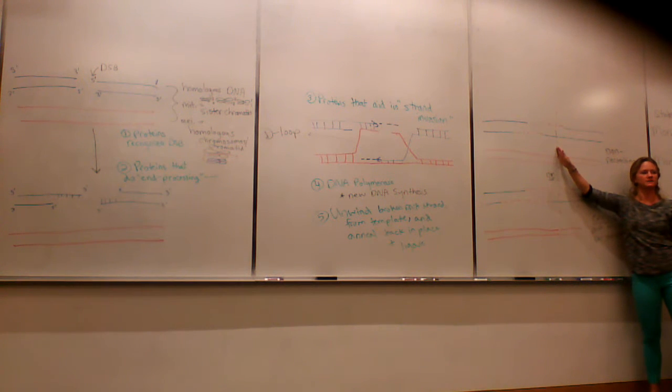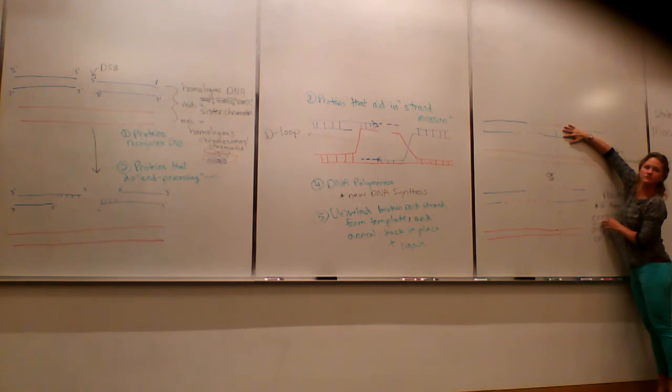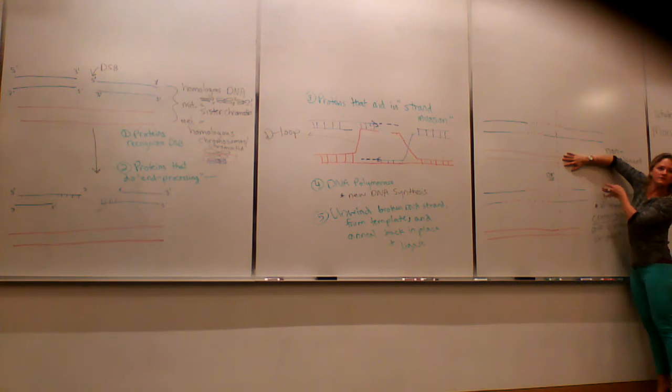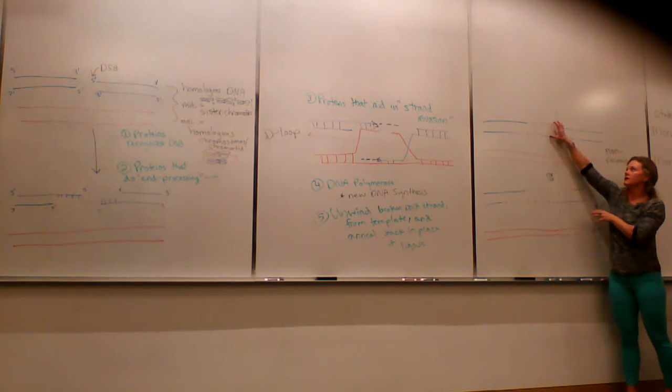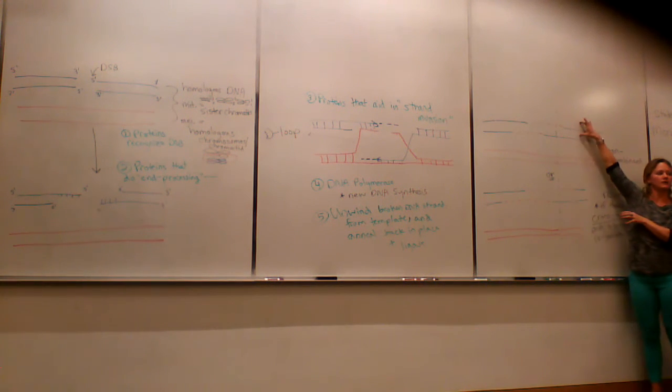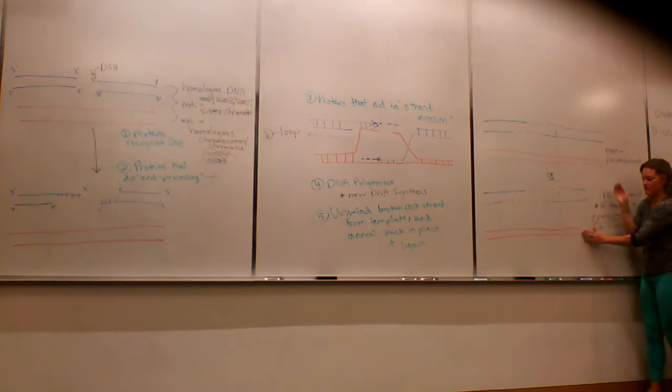Or however you want to think about it, this whole chunk gets swapped with this whole chunk. Either way, you have a crossover happening right where that black line is. So that means down here, we're going to see this small fragment of the blue chromosome.